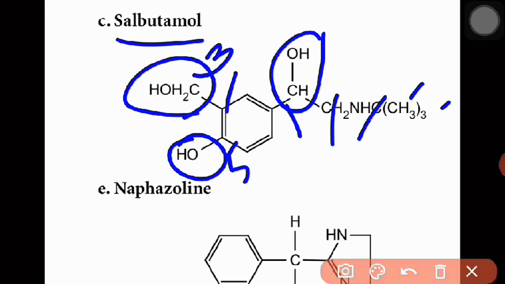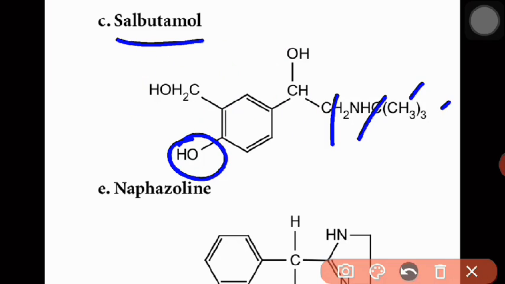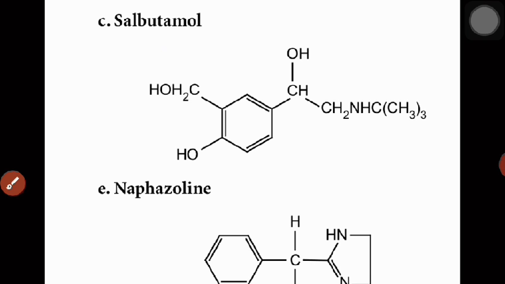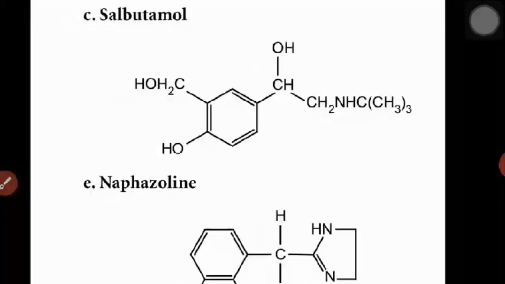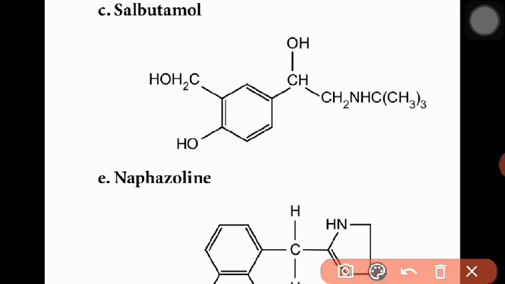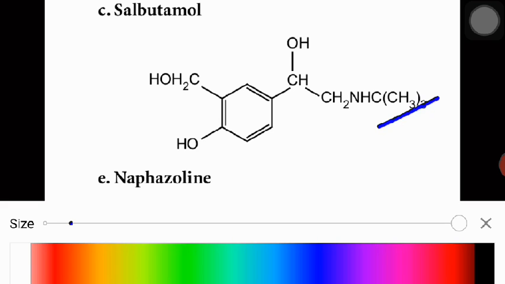1, 2, 3, 4. Sorry, it is not fifth, it is fourth, because this is 1, this is 2, and this is 3, and this is 4. So the chemical name contains a dimethyl ethyl amino methanol substitution at two positions of the benzene ring.